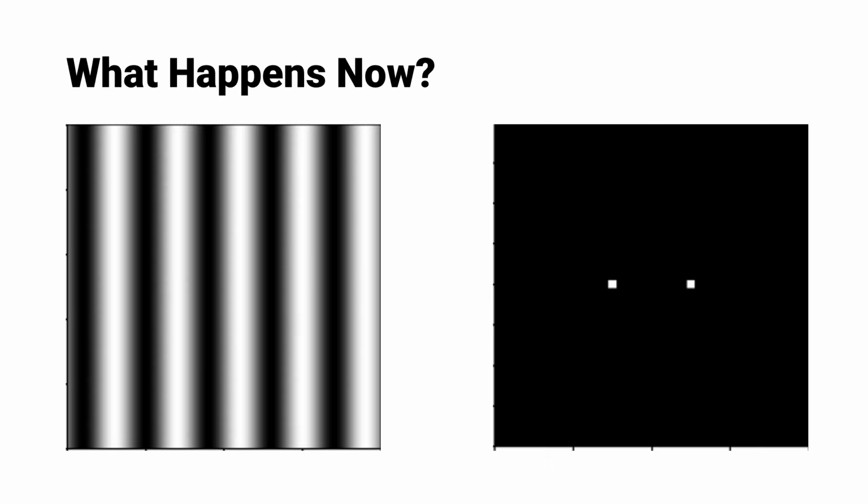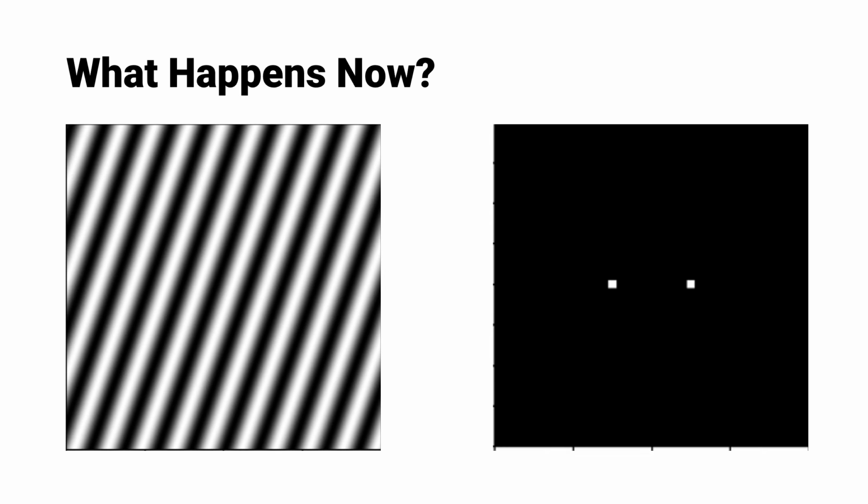Great. So let's go back to the original image, and now tilt the image so that it's not exactly vertical. Now it's at an angle, let's say like 30 degrees. I want you to take a second and think about what would happen. Remember that the horizontal axis is frequency, and the vertical axis is essentially our angle or phase.